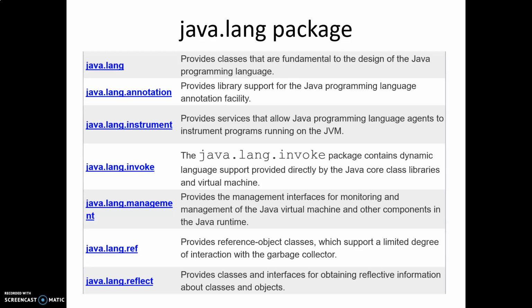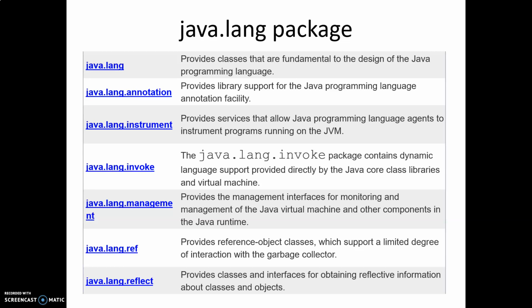So this is something about java.lang.annotation. Similarly, we have something called instrument, which allows the Java programming language agents to work on the JVM, something like Apache Tomcat server, Glassfish server. So all of these things have to work inside the Java programming language, so they have to make use of it. For supporting these things, it makes use of java.lang.instrument.